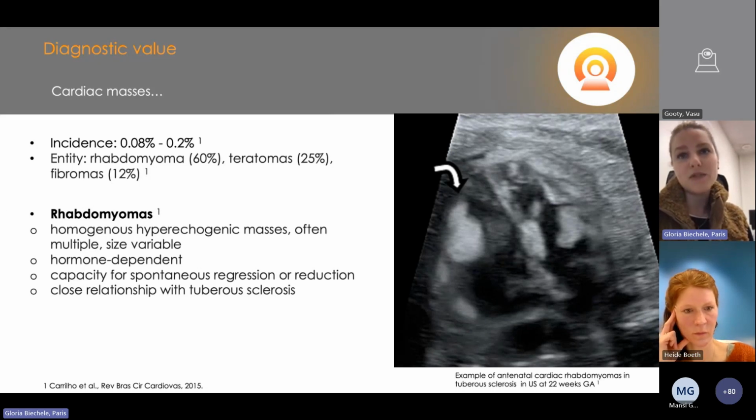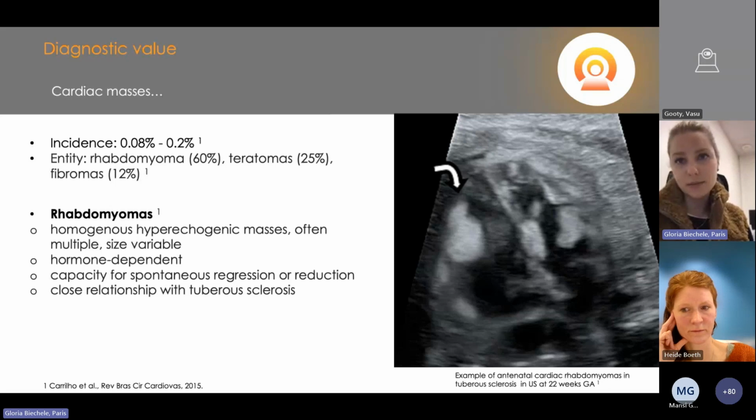They may be intramural or intracavitary and generally occupy the interventricular septum or the right ventricle, close to the moderator band. Rhabdomyomas are hormone-dependent tumors, which explains their well-known capacity for spontaneous regression or reduction, along with a close relationship with tuberous sclerosis. And if you remember, we saw those little subependymal nodules in the brain MRI.